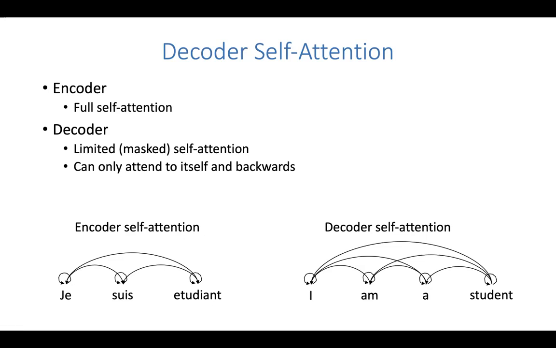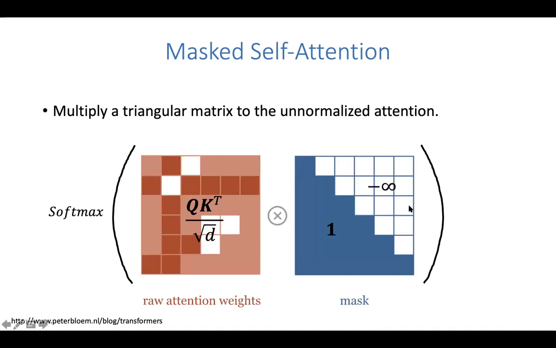So in order for the input tokens to the decoder to only attend to their past, you need to have a special mask here that looks like this. Before you do the softmax, you want to multiply your QK transpose with a triangular matrix that looks like this.